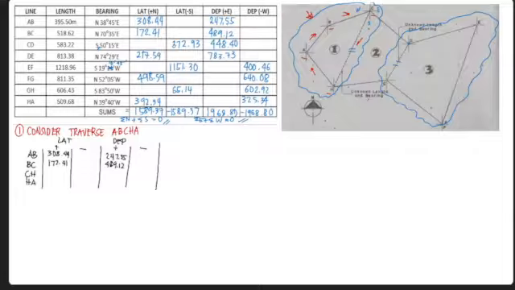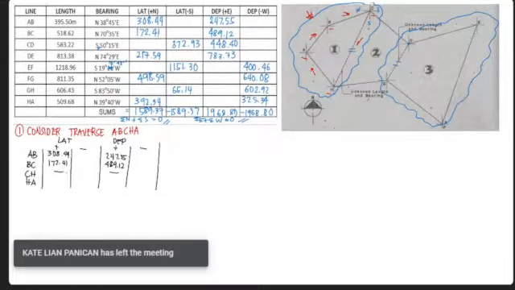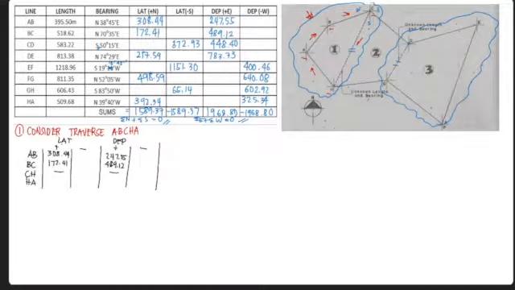So we can assume this is all positive, no? To be clearer. But if you look at our figure, our CH will definitely be southwest. But we can assume first that it is positive, because we will get the answer as we compute for its latitude and departure. So lastly, the last line to complete our first traverse ABCHA is HA.